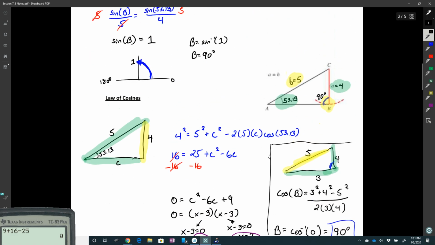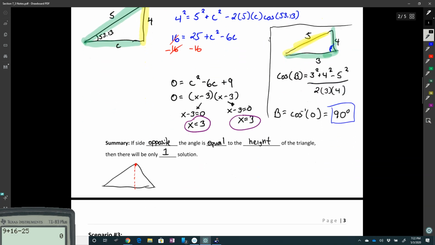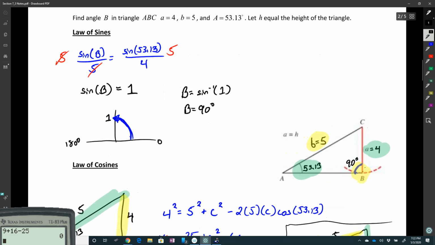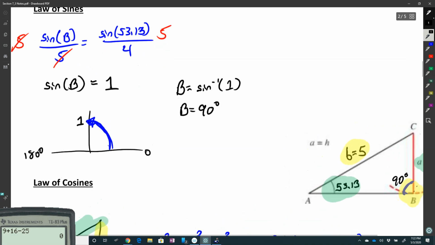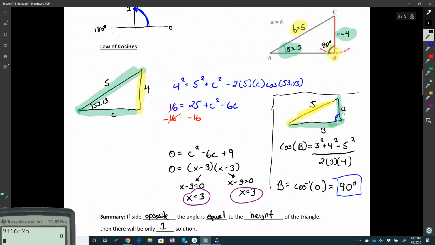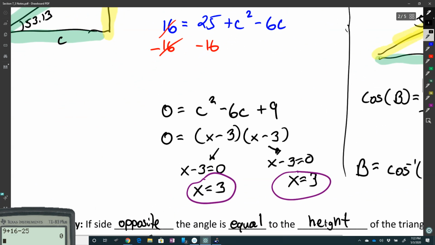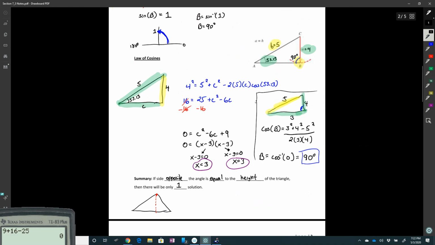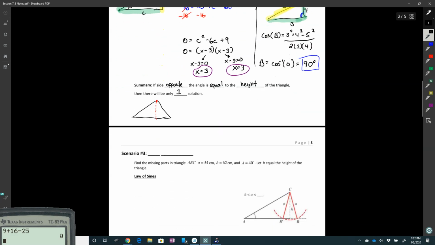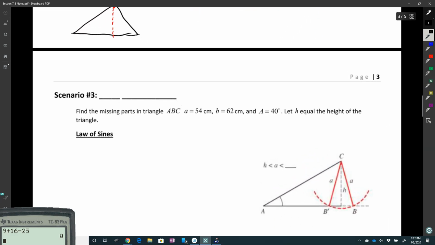But again, I want you to notice that doing the math, there was only one answer. I did the math with law of sines, there was literally only one answer. I did the math with the law of cosines, and there were two solutions, but they were the same. So there's just one answer. No matter how you do it, doing the math will tell you if there's only one solution.